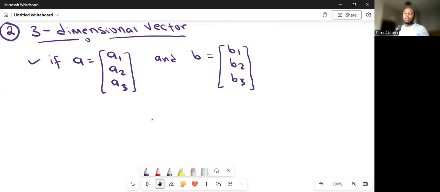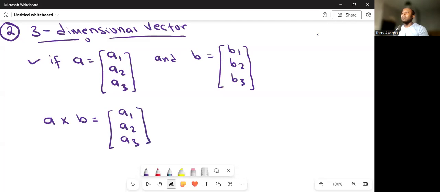Now, the question will be, how do we find the cross product for this? So we're now having A multiplied by B. So we're going to have A1, A2, A3, all multiplied by B1, B2, and B3. Okay?